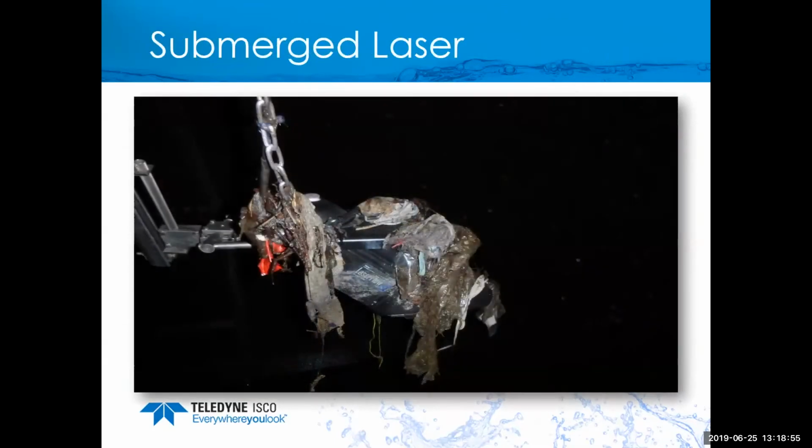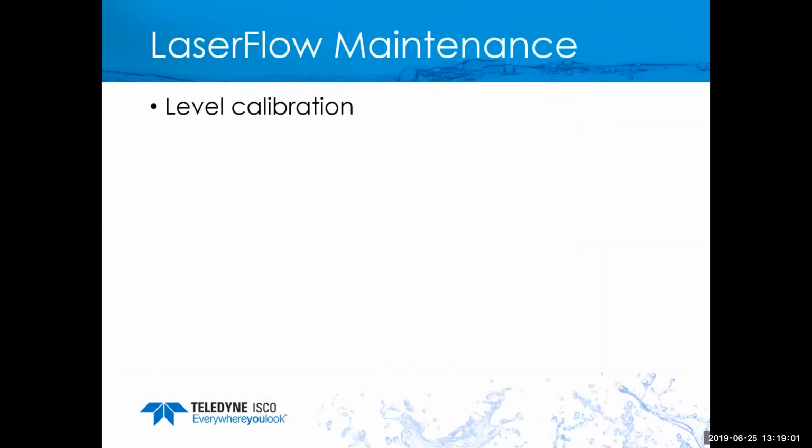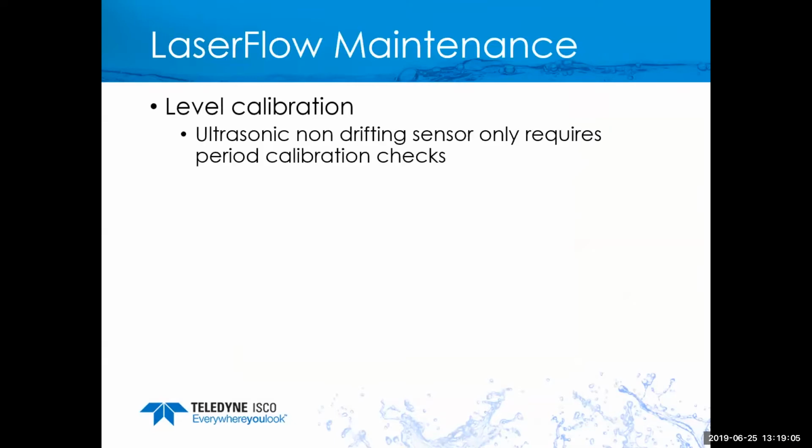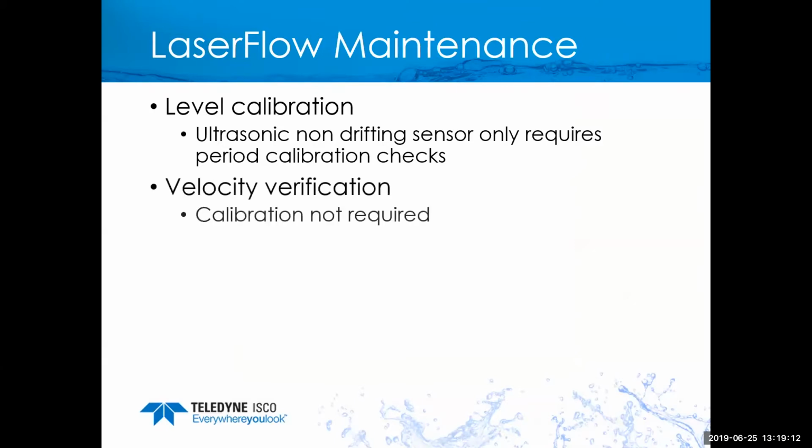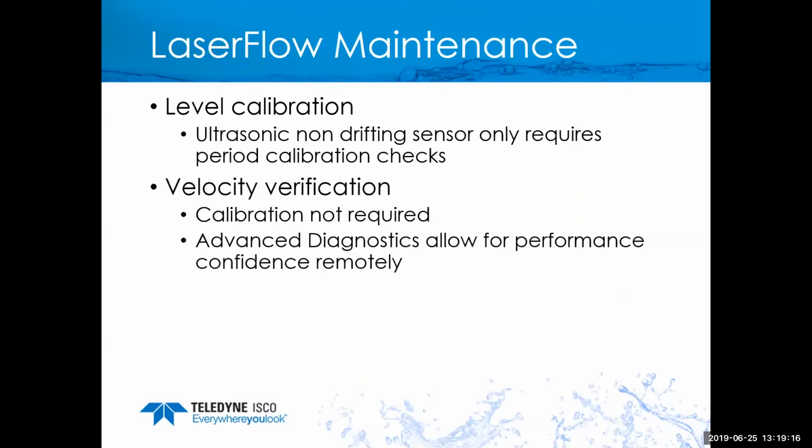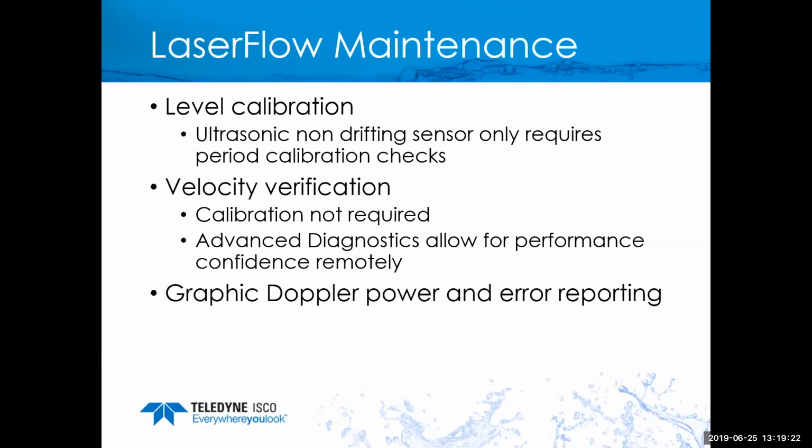Okay, so what happens when we go underwater? Well, this is not a great pleasing picture, but this does happen. So when we look at laser calibration or maintenance, what do we have to do? Well, it's a non-drifting ultrasonic, so a periodic check would be good enough for the most part. Velocity verification, we do not require that, but if you wanted to do a manual profile, you certainly can. The advanced diagnostics really tell us what we're looking at.